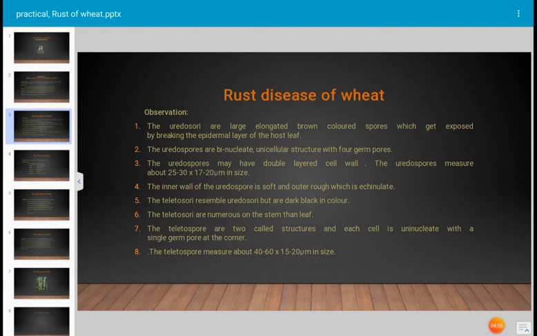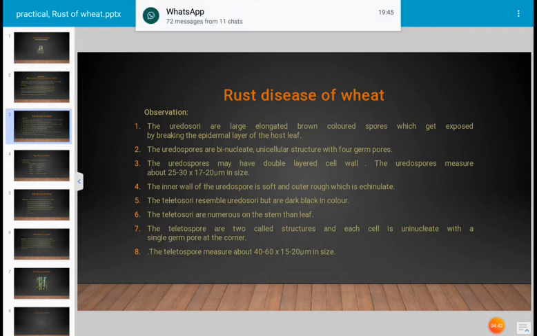The inner wall is soft and the outer wall is rough, echinulate, that means ornamented.